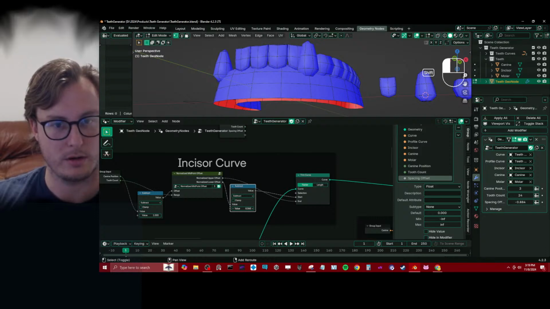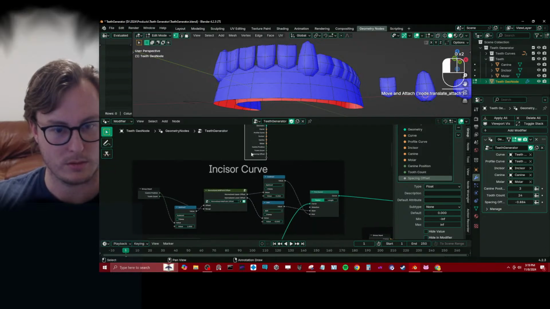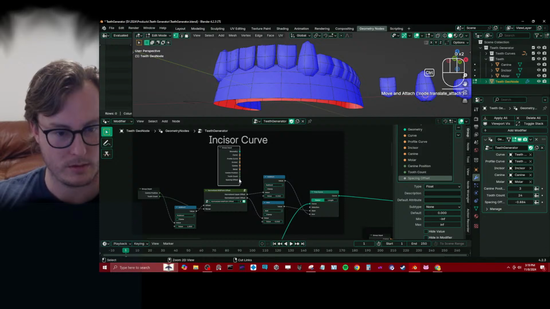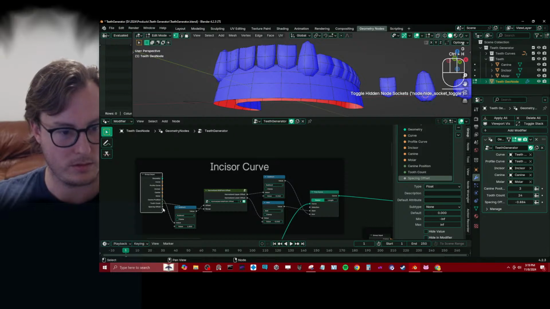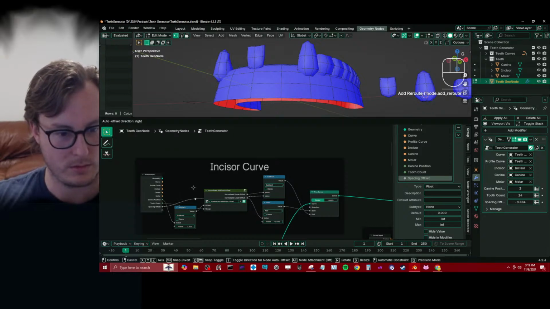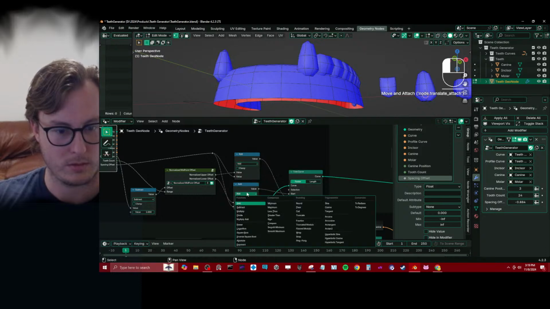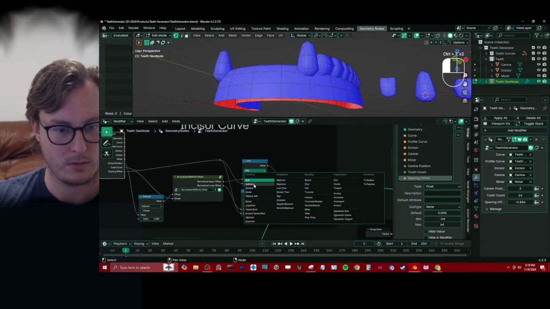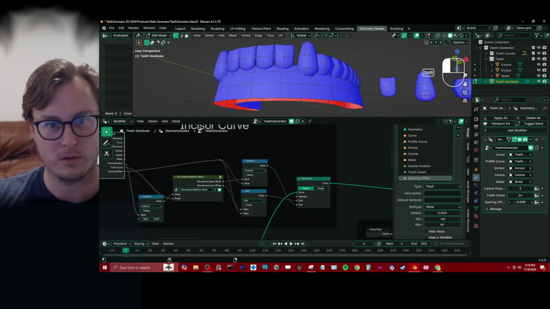I want to lower. All right, add. No, that's the same thing. So I can go before this. Beautiful.